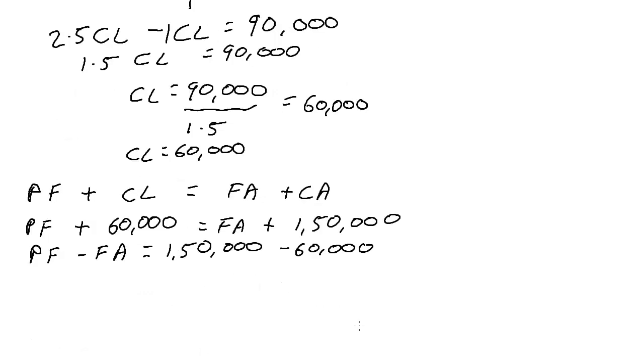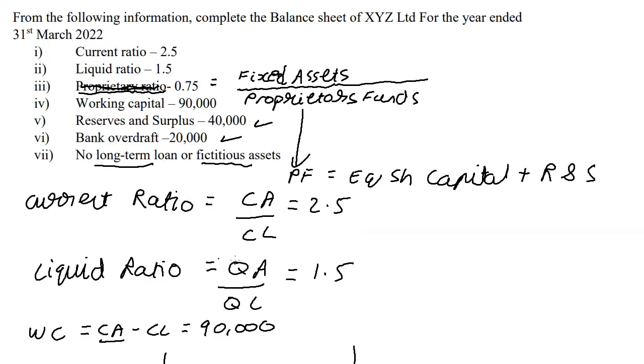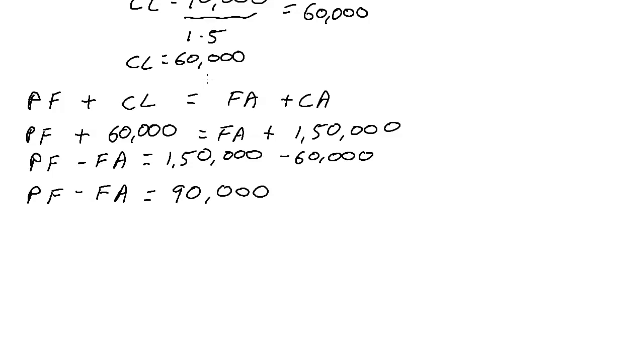So I have a formula where proprietors funds minus fixed assets is equal to 90,000, and at the same time I know that fixed assets upon proprietors funds is equal to 0.75.